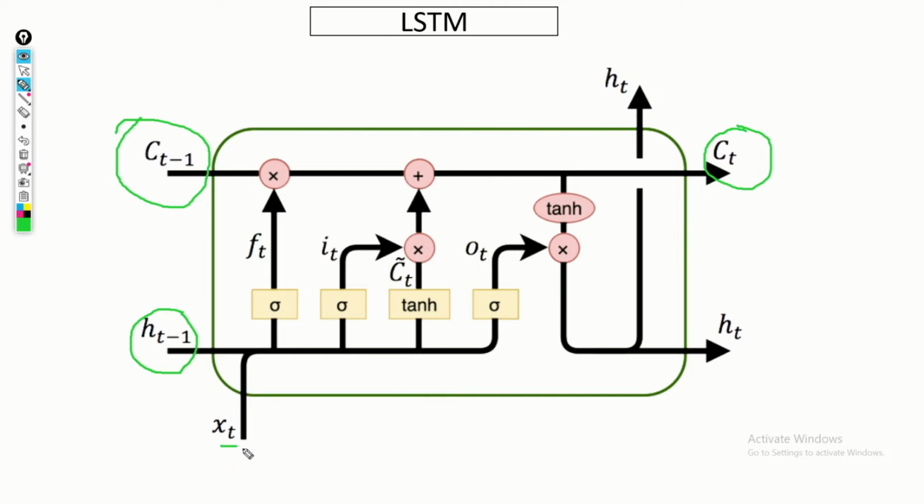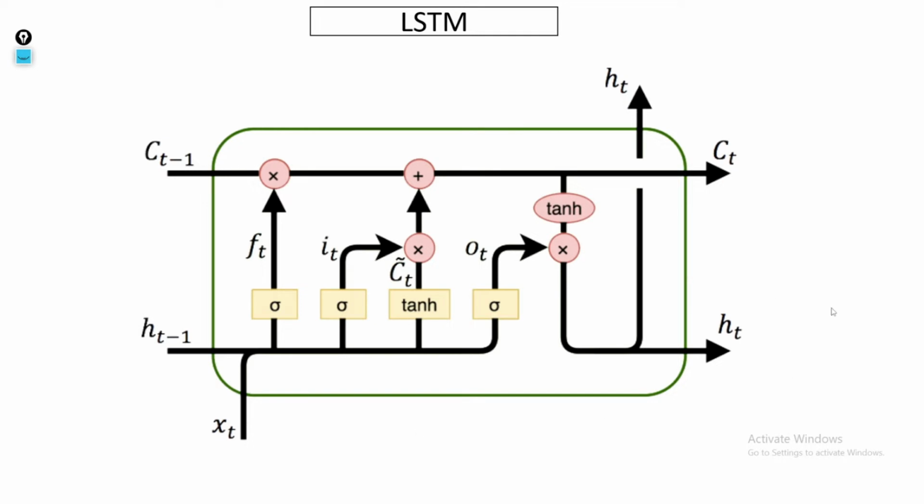The recent word will be provided through this, the output from the previous layer is passed through this, and the cell state coming from the previous cell passes through this. So let's go through each layer.